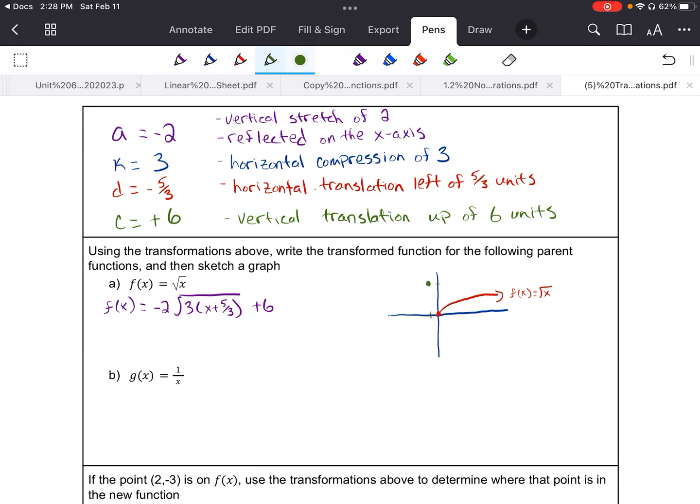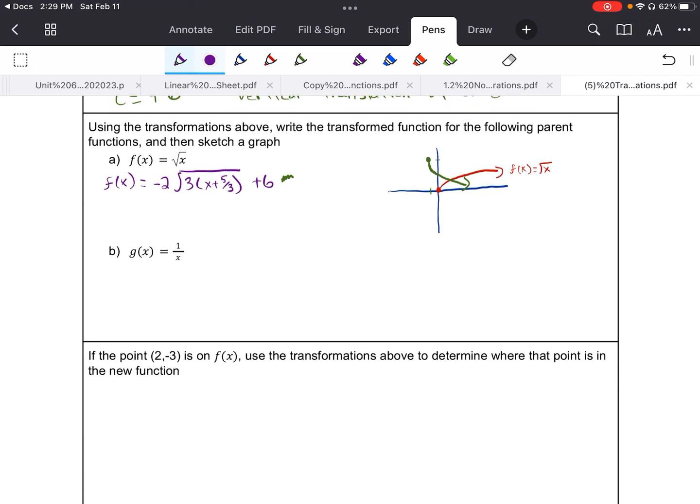So that is going to be your starting point. Okay. It also has a reflection of the x-axis. So this one is not going up and to the right, but it's going down and to the right. And it's stretched out a little bit more because of the a value of 2. So it looks more like that. Okay, and that's the green one.